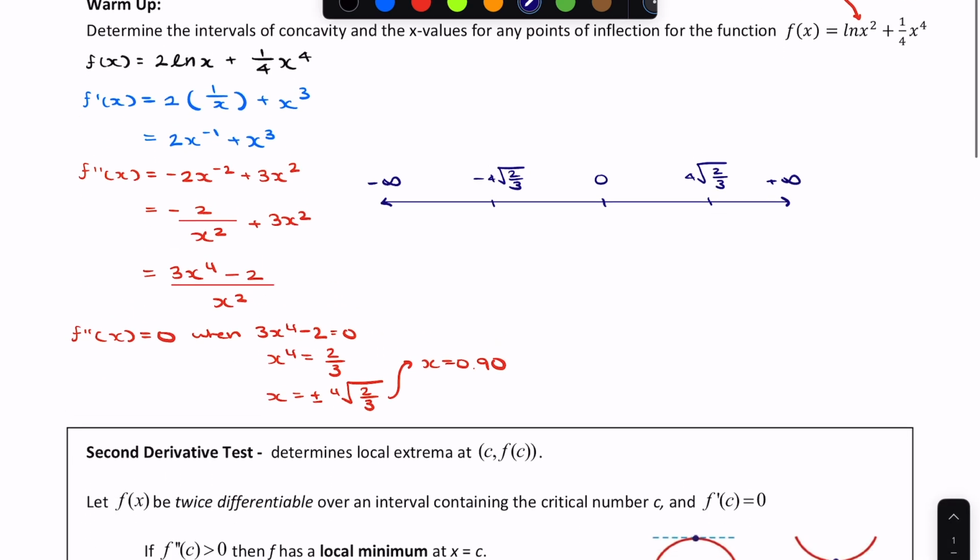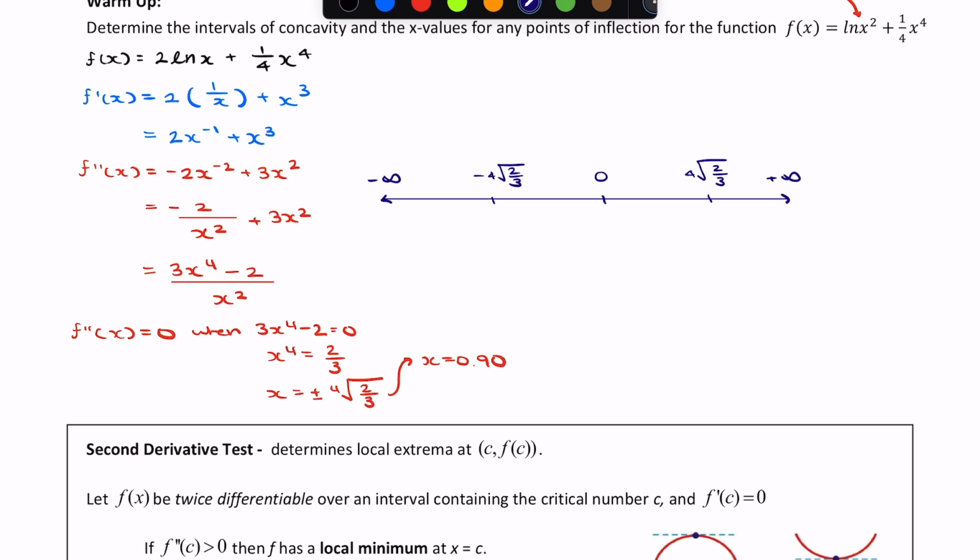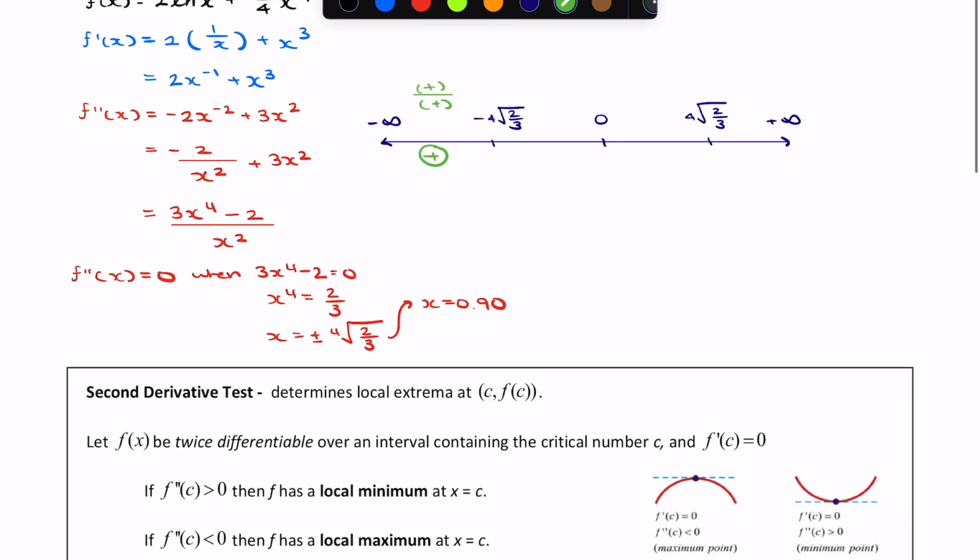So 3 times negative 1 to the power of 4 minus 2 will be positive, and then x squared, negative 1 squared, will also be positive. So it'll give us a positive answer, which means that it will be concave up.